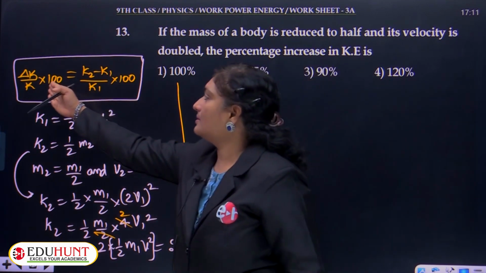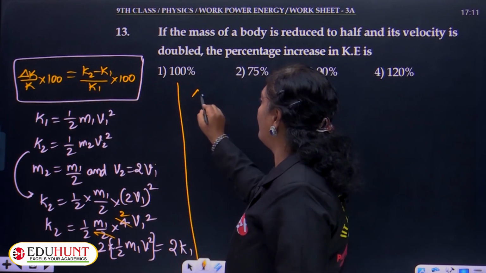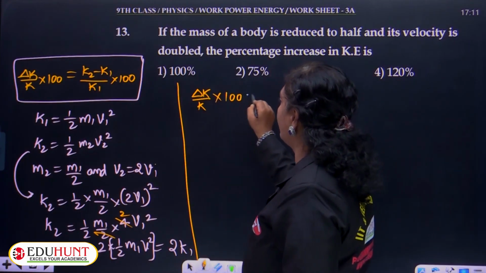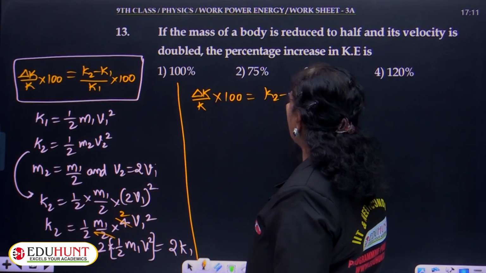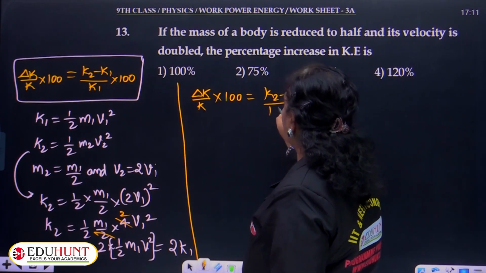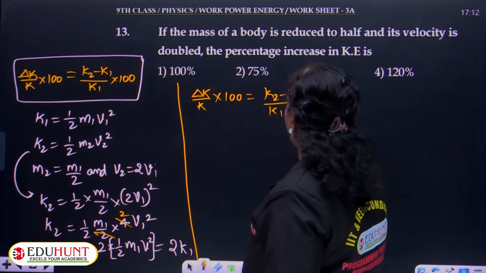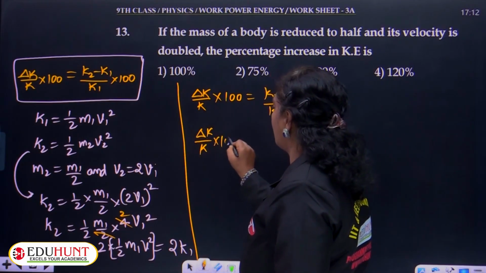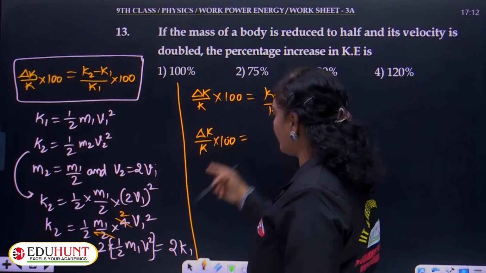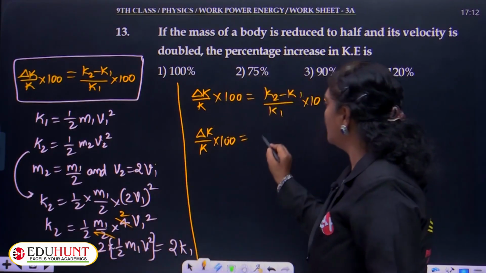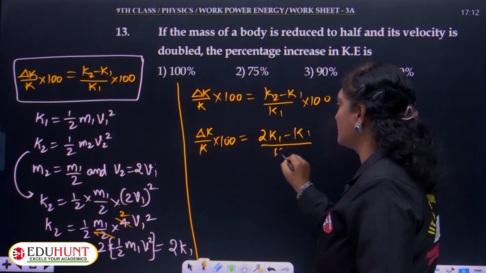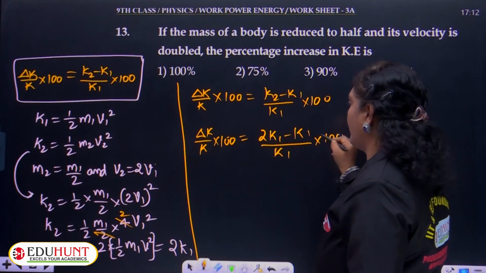So let us solve the above equation. Therefore, percentage change delta K by K into 100 equals K2 minus K1 by K1 into 100. What is the value of K2? K2 equals 2K1, and K1 as it is, into 100.